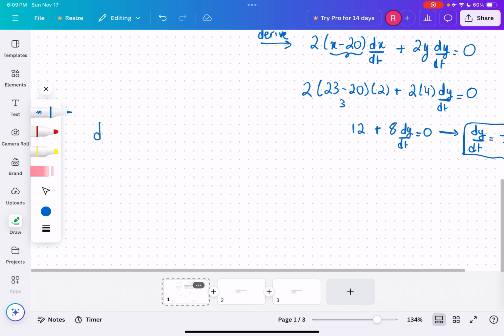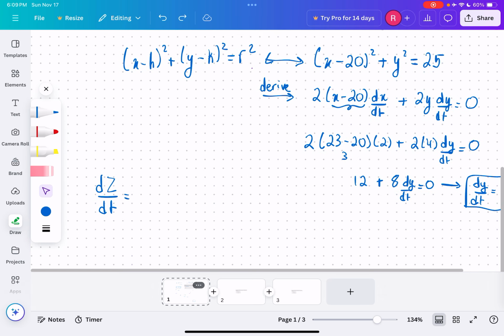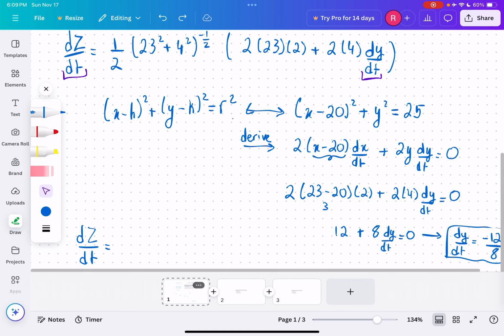It equals half times (23 to the power of 2 plus 4 to the power of 2), all of it to the power of minus half, times (2 multiplied by 23 multiplied by 2, plus 2 multiplied by 4 multiplied by negative 12 over 8). Now using your calculators, you can easily find all of these values.